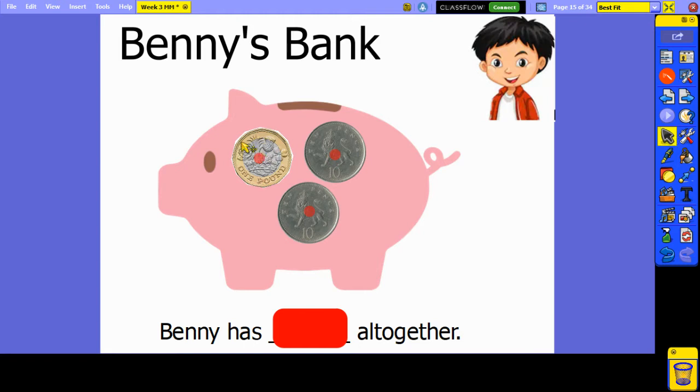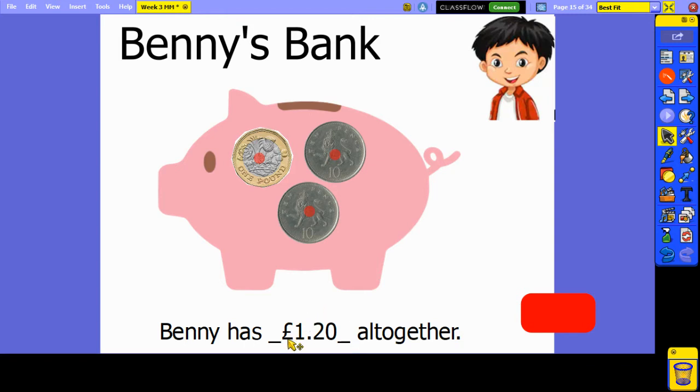Okay, we know he's got £1, which is 100 pence. He's got £1 and then 10, 20. He's got £1 and 20 pence. We write it like this. We've got our pound sign, £1.20. When we've used our pound sign, remember, we don't have to put the pence after.